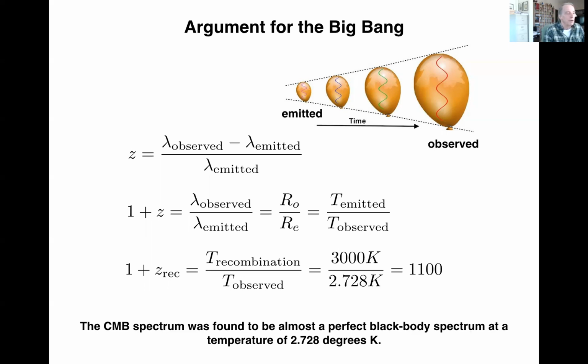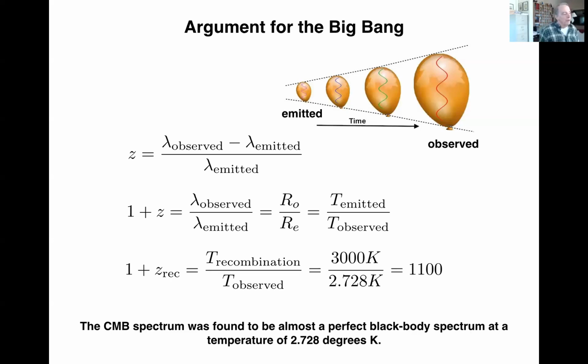We say these photons become redshifted. Well, that's what's happened to the CMB as the photons propagated through the universe. The expansion of the universe redshifted these photons. So the spectrum went from a spectrum of 3,000 degrees when it decoupled from the matter to the present value of about 2.728 degrees today. And these formulas tell you quantitatively how that happened.